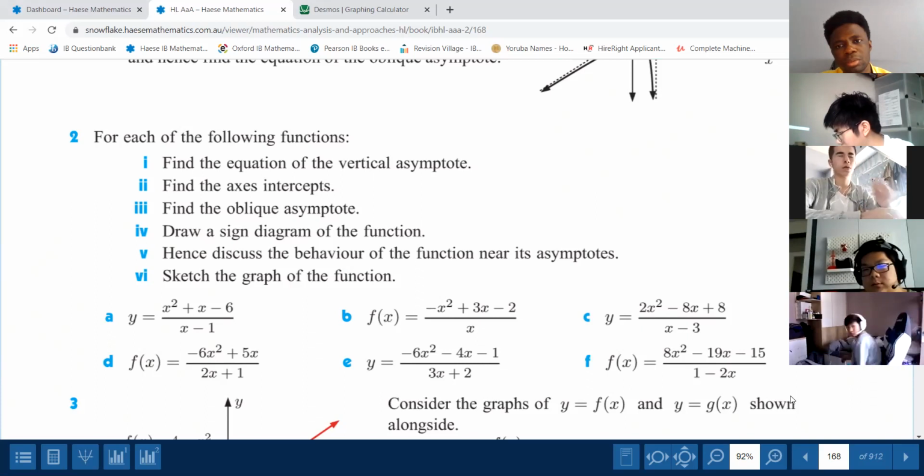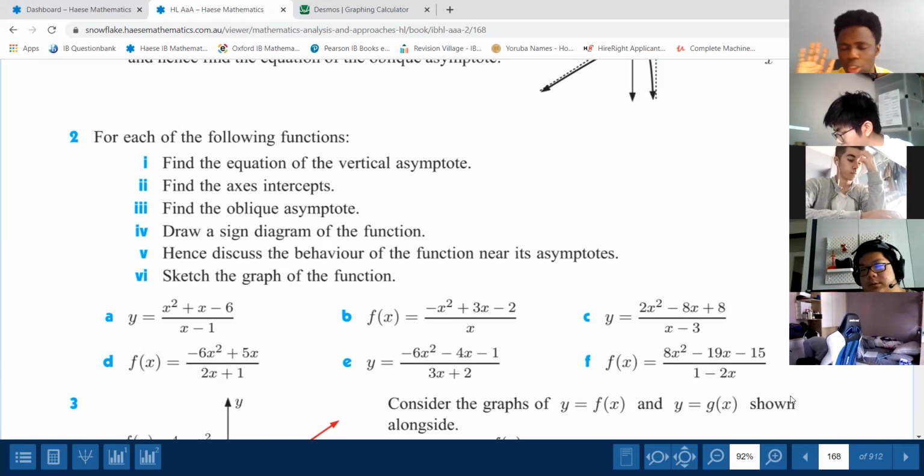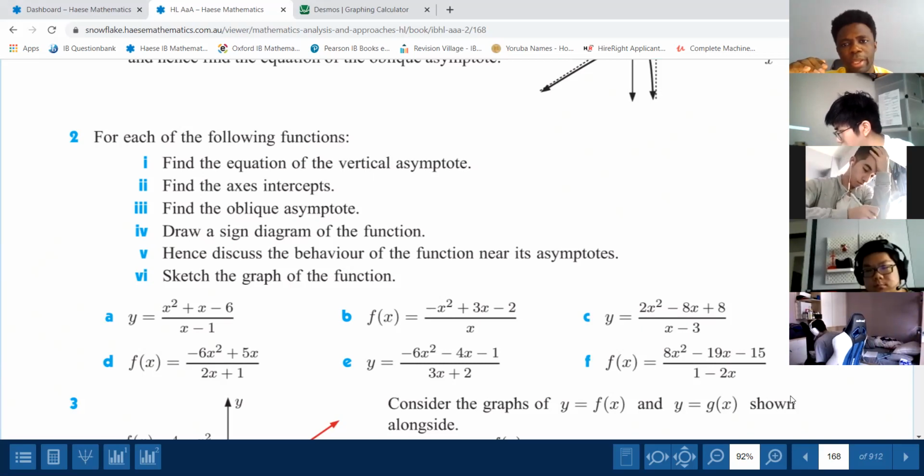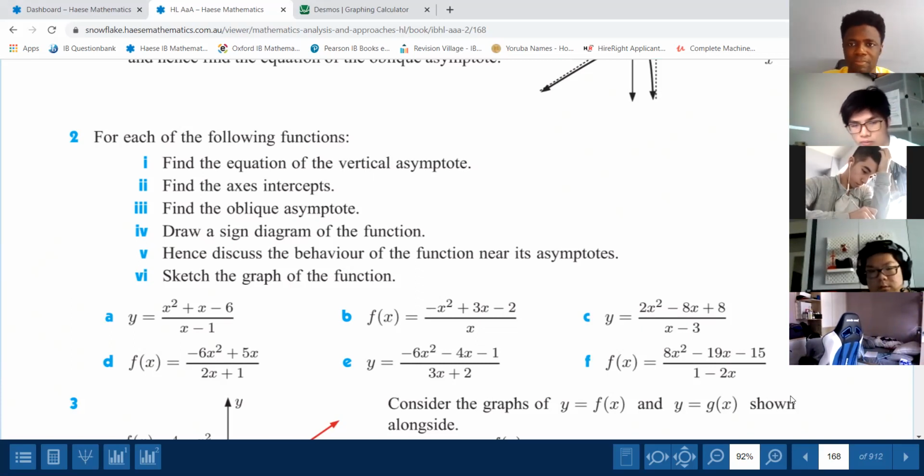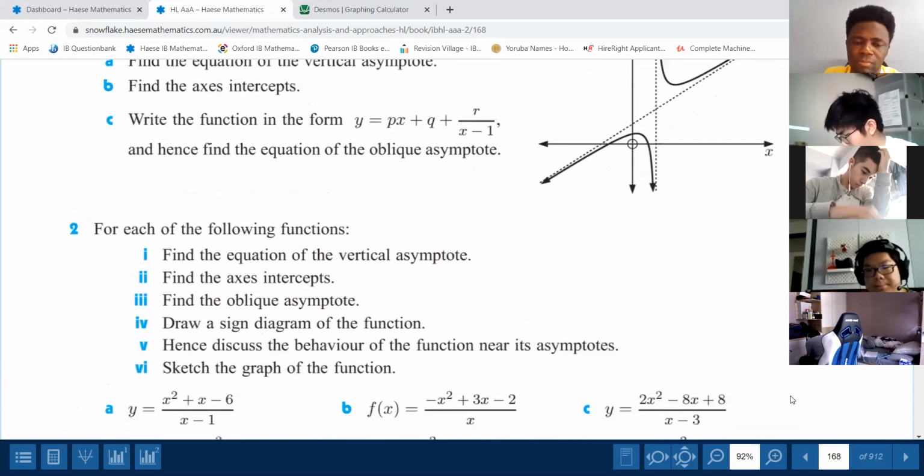Okay? So just these two forms. Rational function, linear over quadratic, then quadratic over linear. Okay, for the second period on Wednesday. Understand? Yeah.